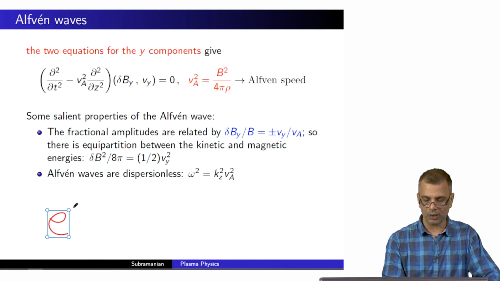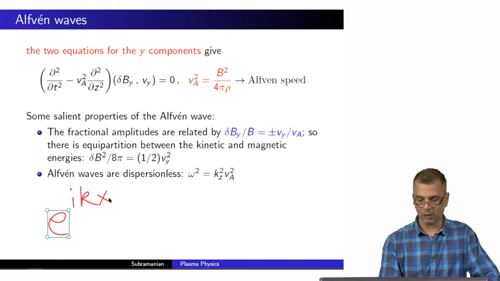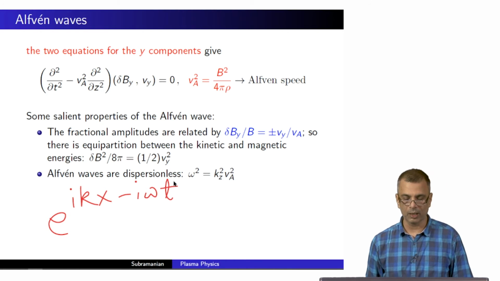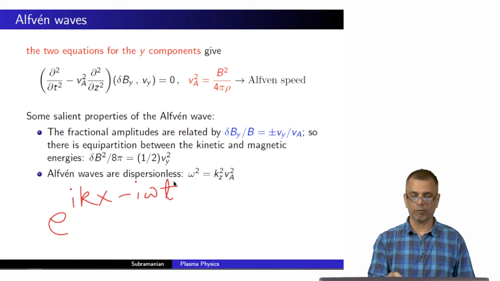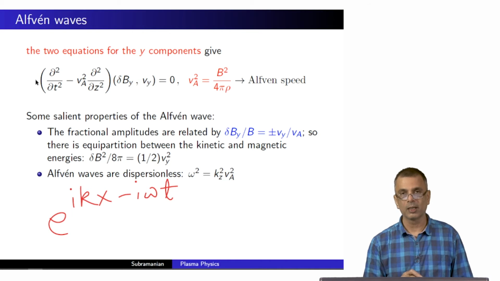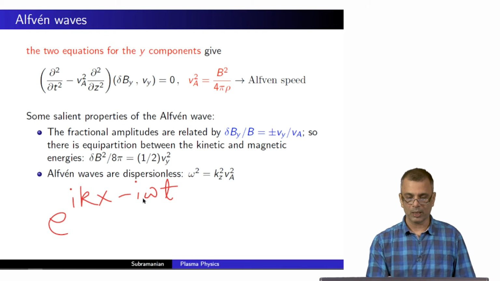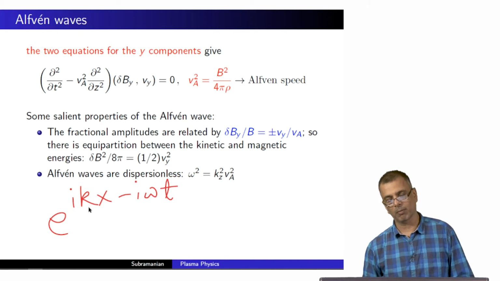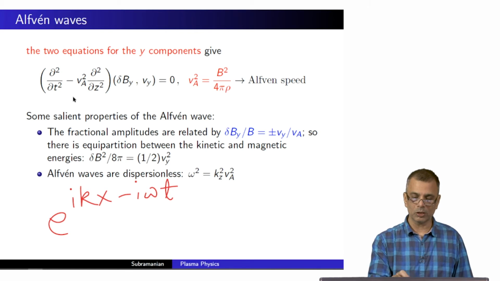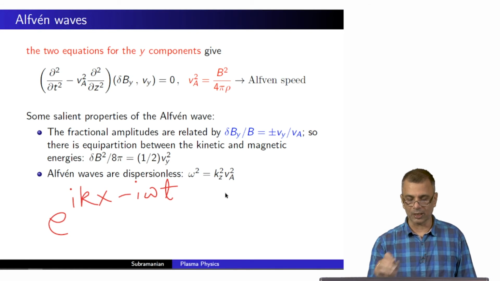Okay, Alfvén waves are also dispersionless. If you assume e raised to i k x minus i omega t, this kind of dependence for the delta B as well as the v_y, what happens is d squared over dt squared becomes minus omega squared, and d squared over dz squared becomes minus k squared, and so just from this you can figure this out.